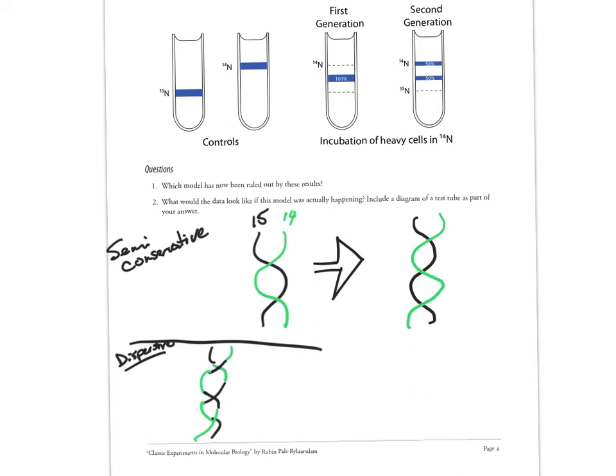But now one of the old strands is what? A 14, isn't it? I'm going to label them new and old. So this is an old strand, and this is a new strand. But now one of the new strands is nitrogen 14.